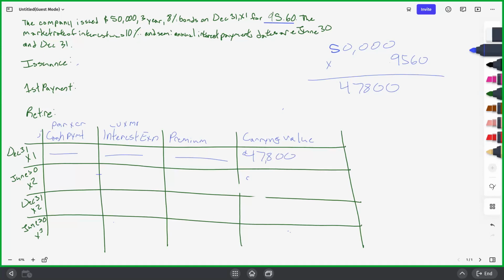And also is going to be what you're going to be using for your issuance. So we got a debit to cash. We have a credit to our bond payable. And what fits in between is the discount. And debit discount, that's what I always think.